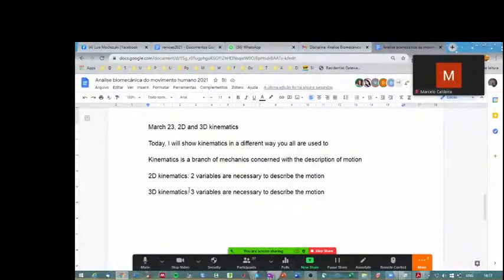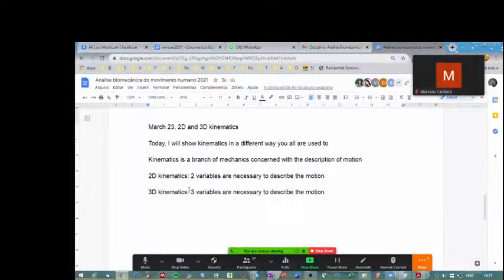Usually you think, okay, which are the variables to do that? You will say, the coordinates x, y, and z, right? And if it is on a plane, you're gonna say, we just need two variables. You need x and y. Yes, that's the common idea.